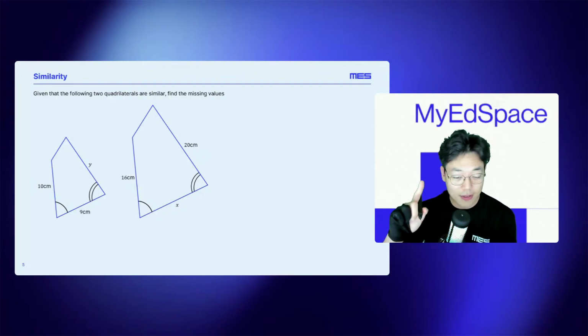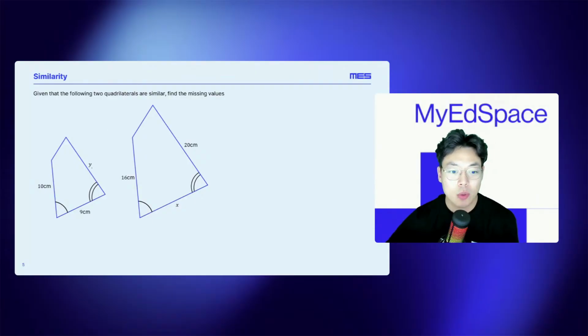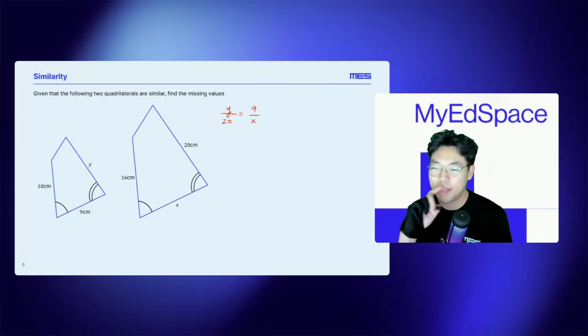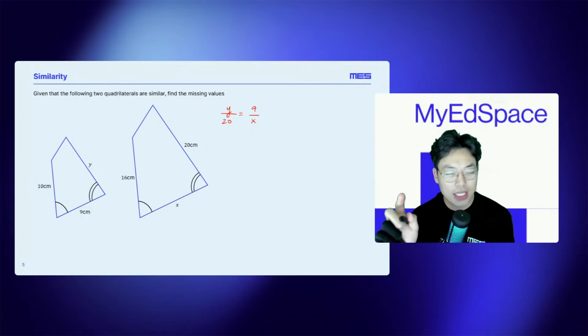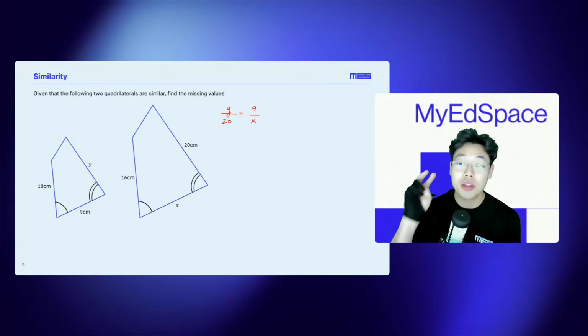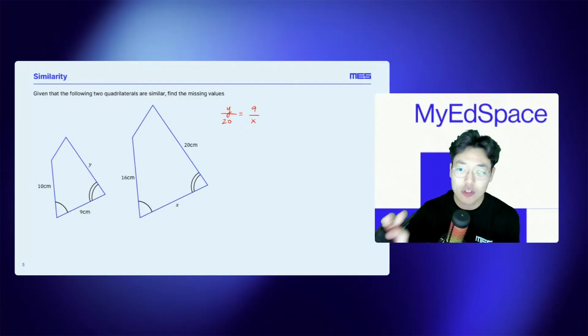And while you think of that, let's think about this. We have a y and a 20. So we can technically say, okay, y is to 20 as maybe 9 is to x. But this might not work because we now have an equation with two variables, with two unknowns.